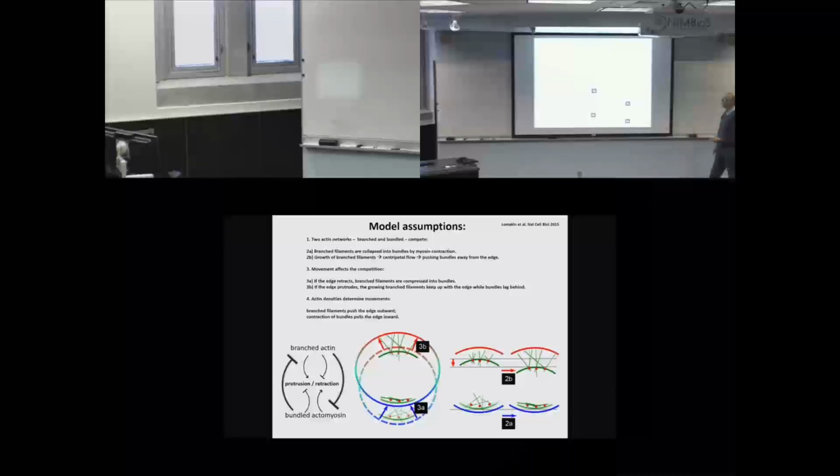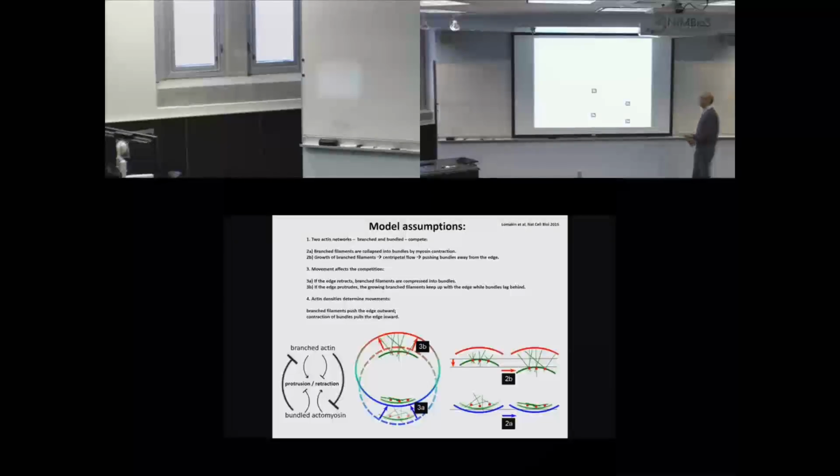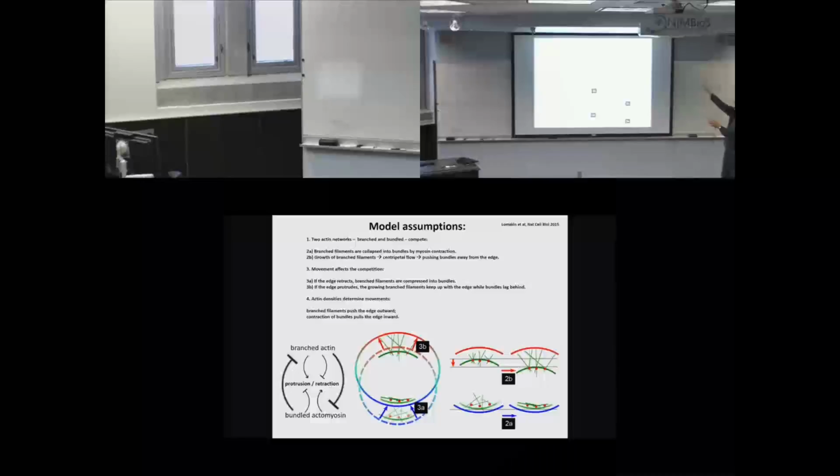One is branched filaments are collapsed into bundles simply by action of the myosin. And there's also the branched filaments fighting back in a very subtle way. If branching filaments start to get dense and thick, they start protruding this part of the boundary, leaving the bundles behind. So in a way, they blow the bundles away from the leading edge, creating the centripetal flow.